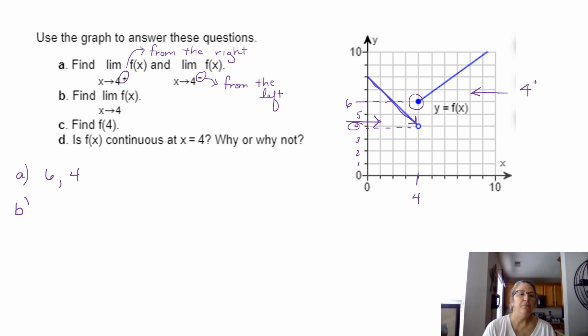In question B, it wants to know what is the limit as x approaches 4. In this case, the limit does not exist.